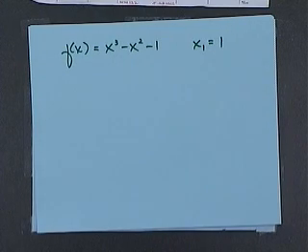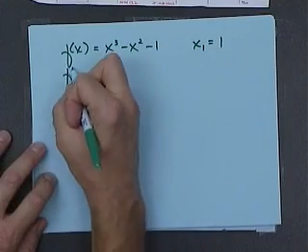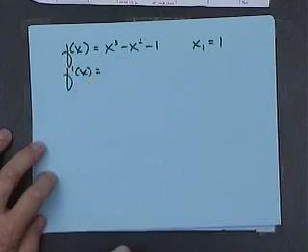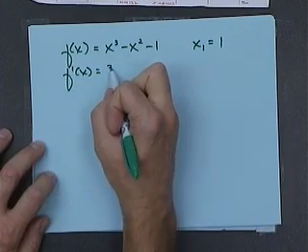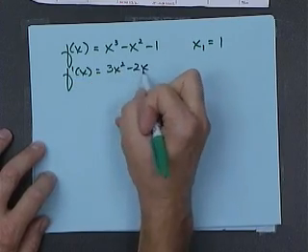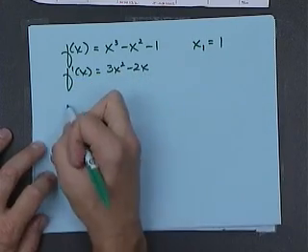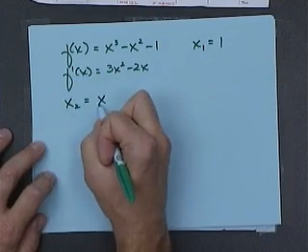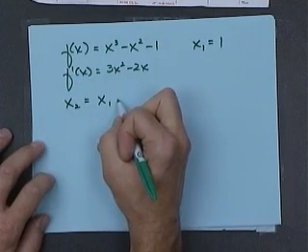So you might want to find the derivative before you get started, because we're going to need it, right? Derivative of this polynomial is minus 2x. So I've got x1. I want to find x2.